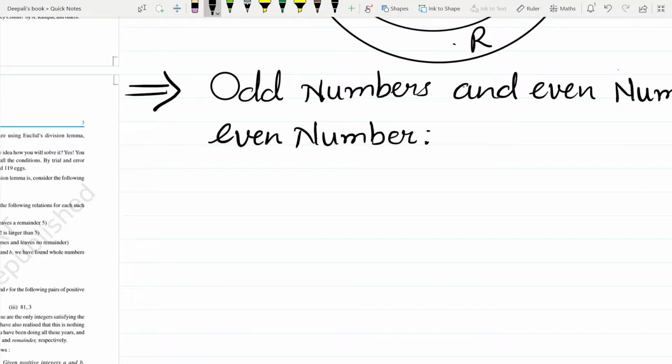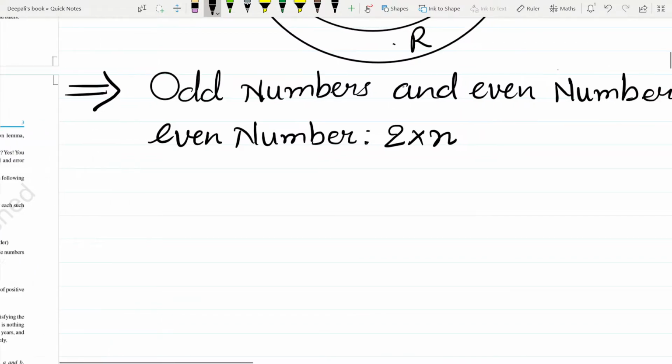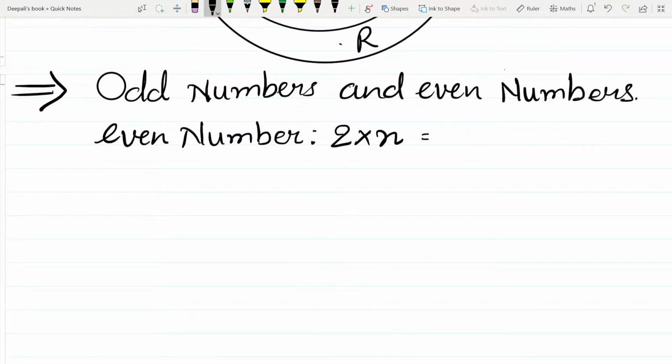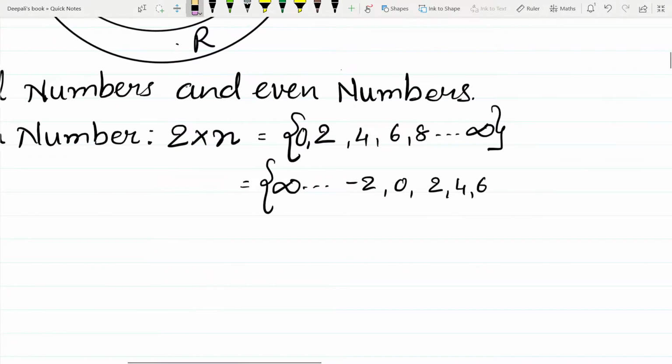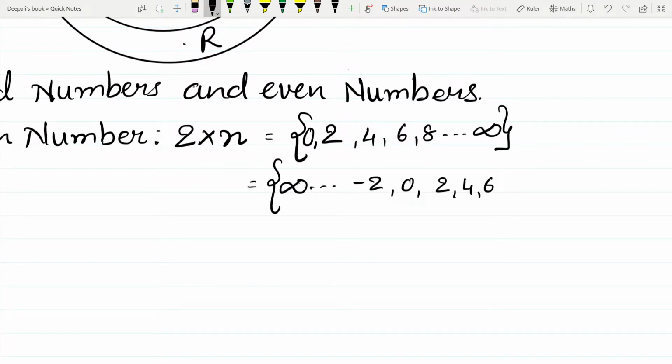That is, 2 into n numbers are even numbers. They are -2, 0, 2, 4, 6, 8 till infinity. It could be any numbers, negative or positive.